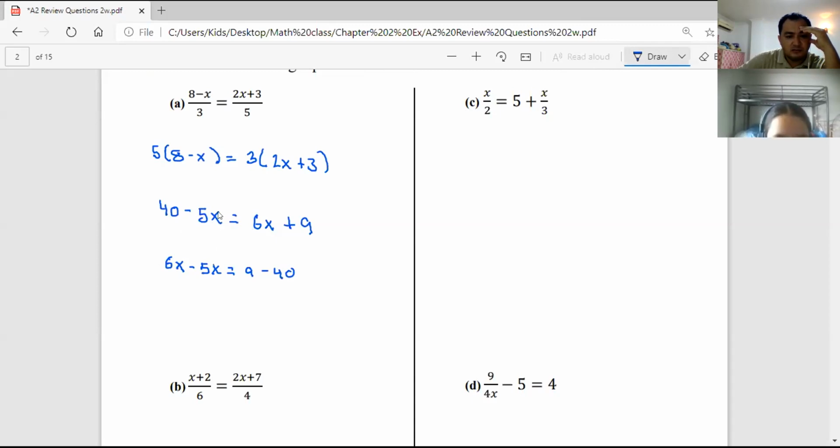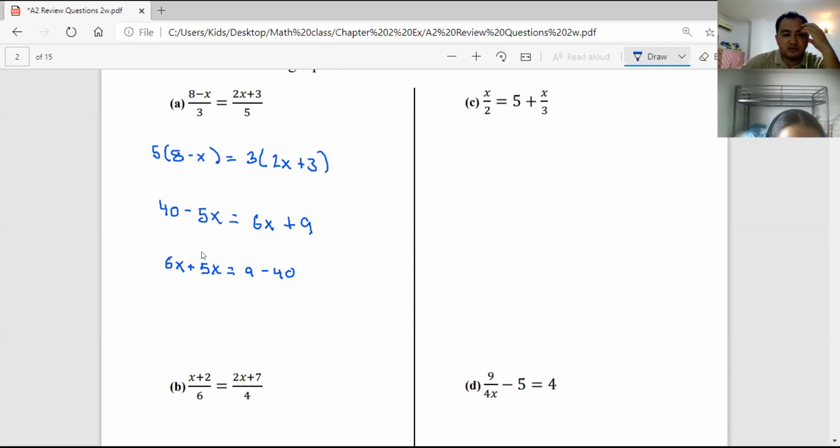For negative 5x, I did negative 5x minus 6x, and then I switched them around. So actually, if you take minus 5x to the right-hand side, it becomes 6x plus 5x, right? Oh, yeah. Okay, now it's correct.